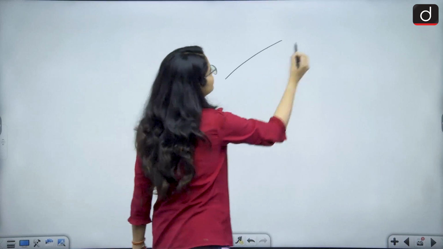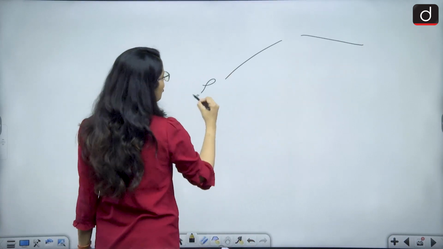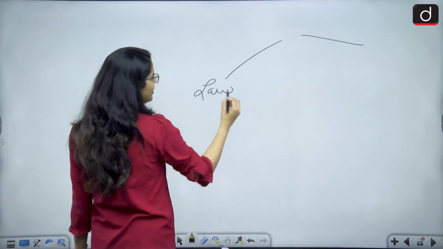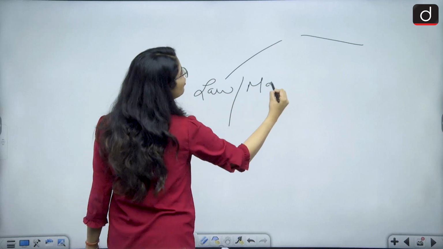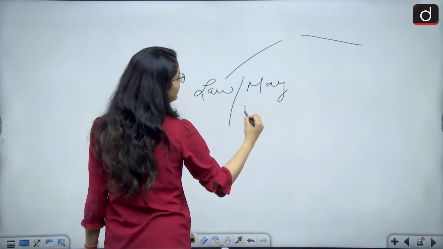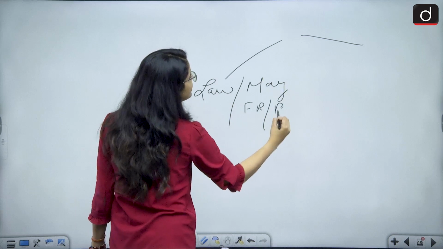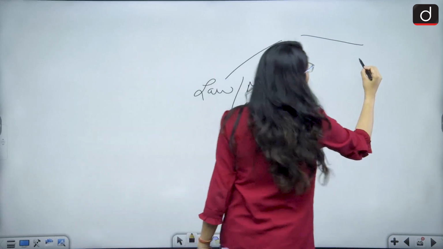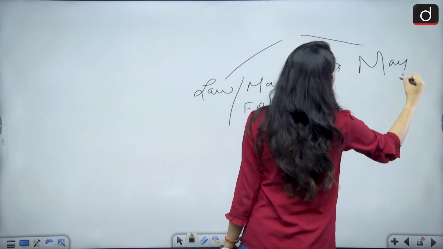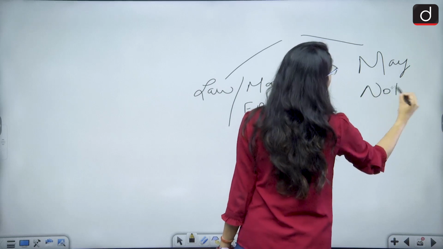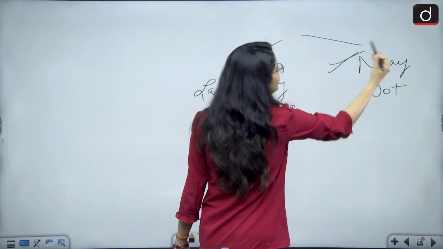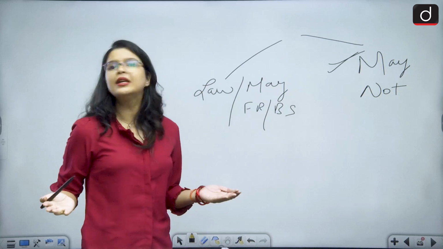See, there is this law, and it may violate Part 3, that is the FR, or the basic structure, and it may not violate it. If it doesn't violate, then there is no problem, that law is valid.